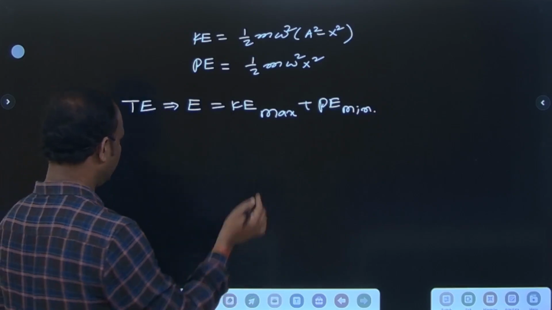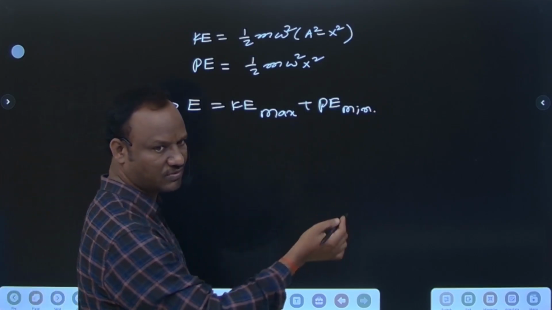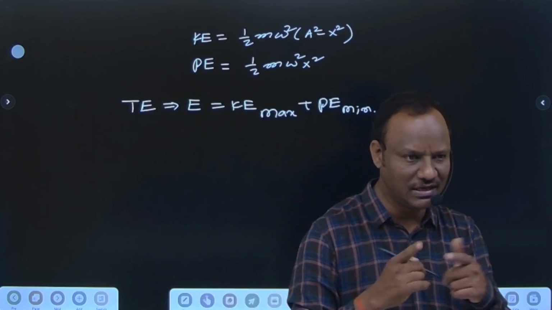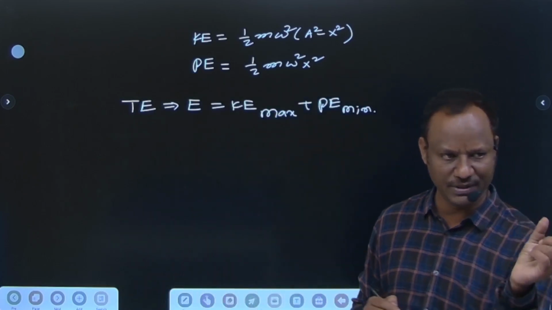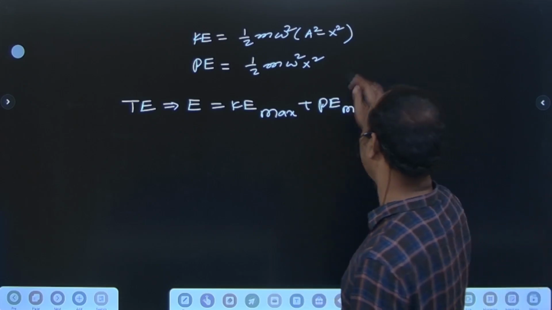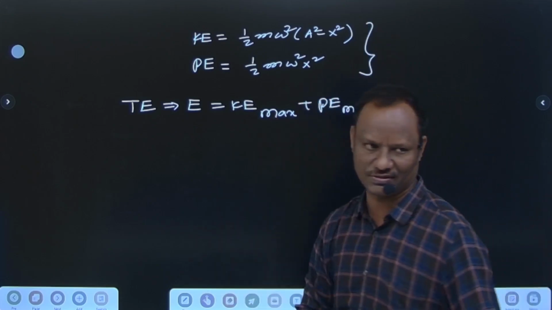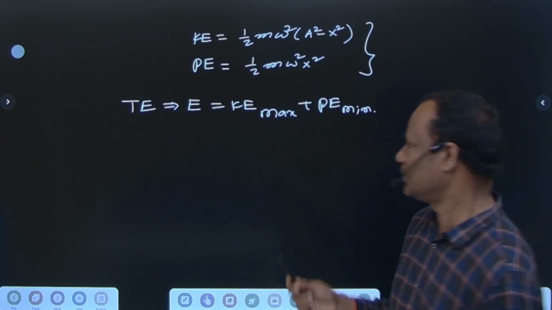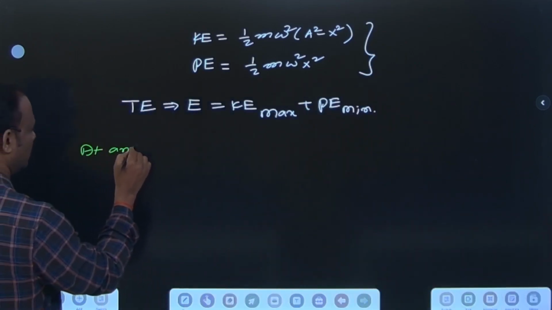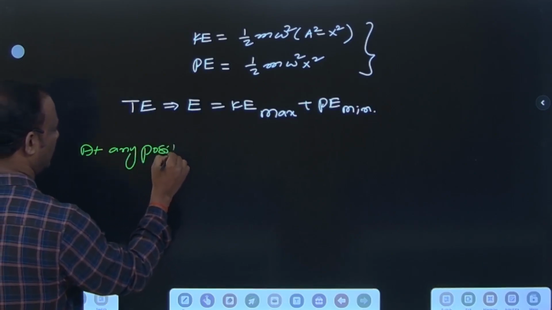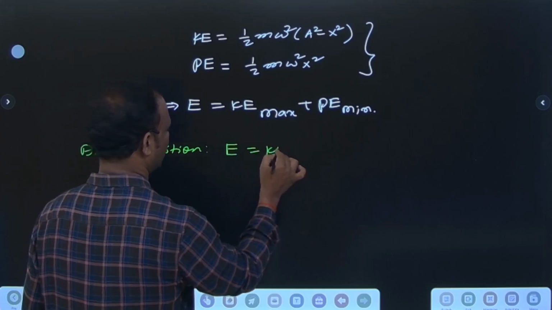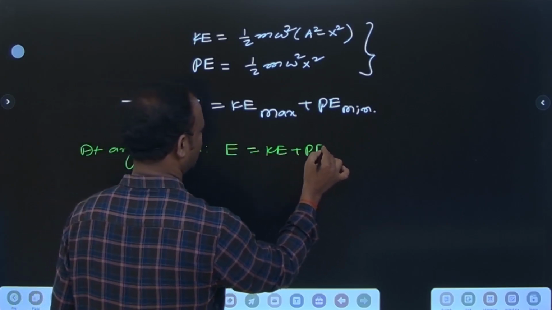So that means one is maximum, next one is minimum. So this is either mean or extreme. Somewhere in between mean and extreme, at x distance from the mean position, which formula do we have to use? This formula. At any position, total energy E is equal to kinetic energy plus potential energy.